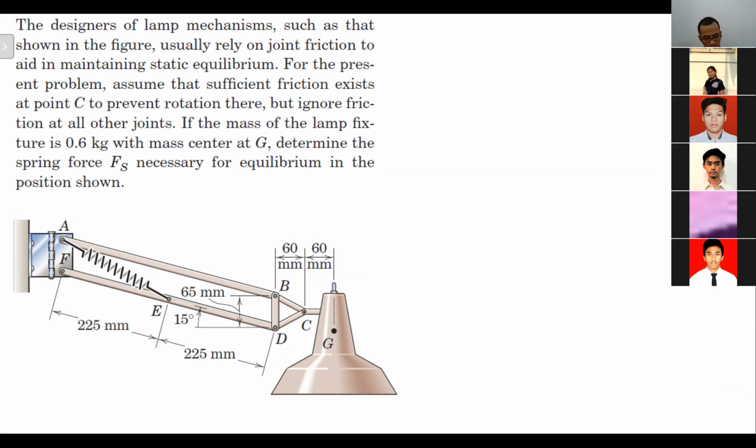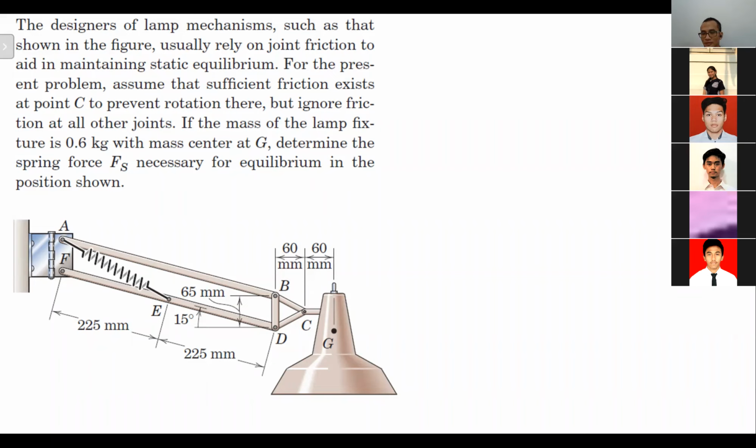Can you hear me, sir? Yeah, I can hear you. Do you understand the problem? Honestly, I'm still really confused about this question, sir. But you know what thing this is, right? It's a lamp.